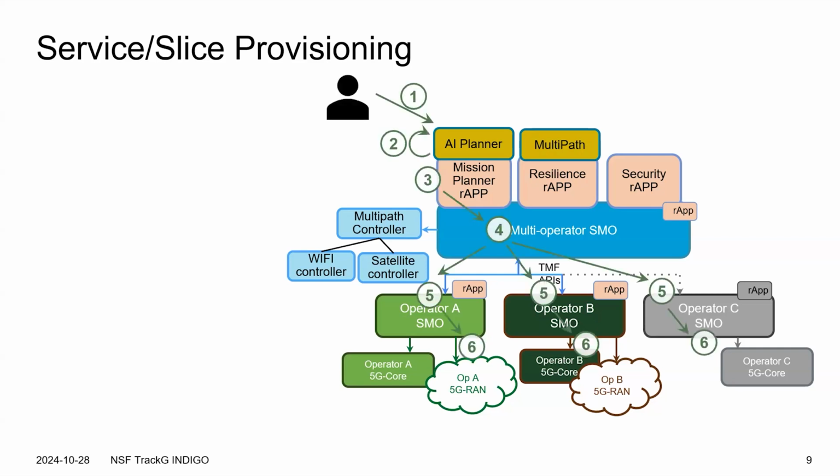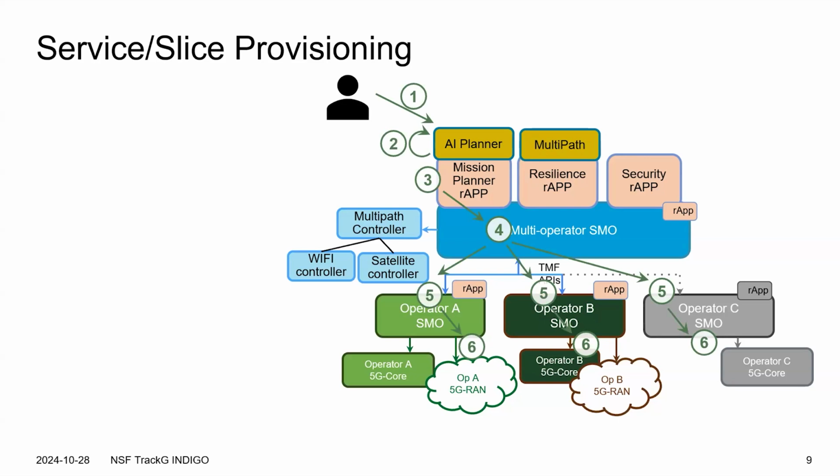In this demonstration, we have basically 6 steps. The user, think about a governor or a general or something like those positions, after a disaster happens or when a mission is needed, creates a mission using the mission UI.